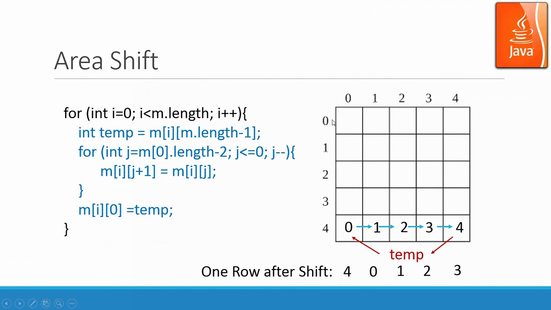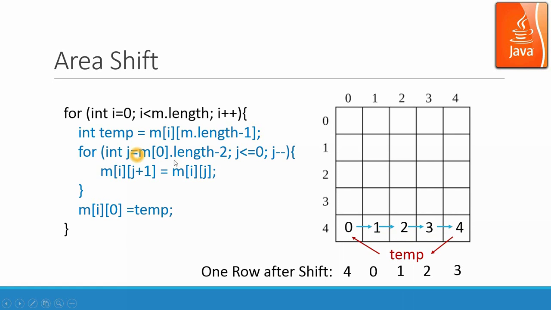For array shift, if we want to shift column 0 to 1, 1 to 2, 2 to 3, 3 to 4, then what we should do is run through all of the rows, and for each row we start by copying the last element of that row to a temp value, and then we move the value next to the last one to 4, so 3 to 4, and then 2 to 3, 1 to 2, and then 0 to 1.